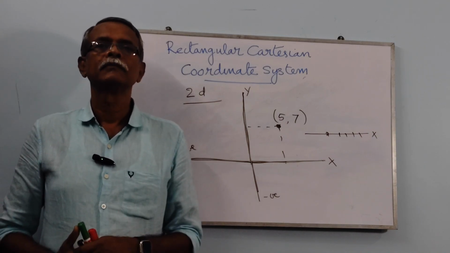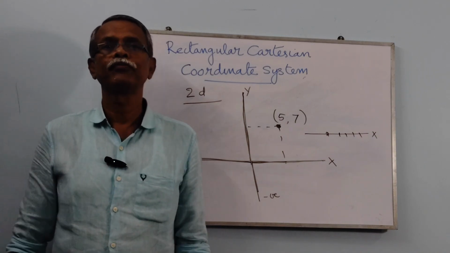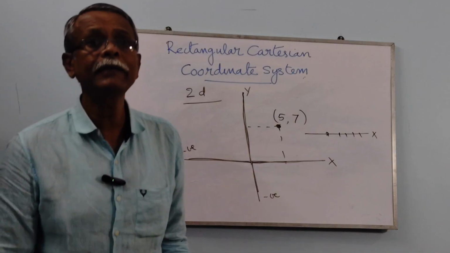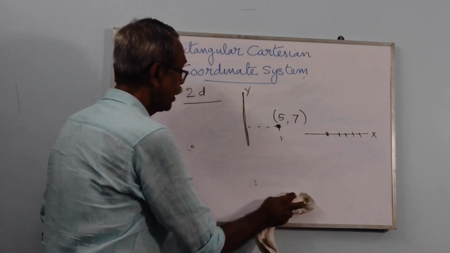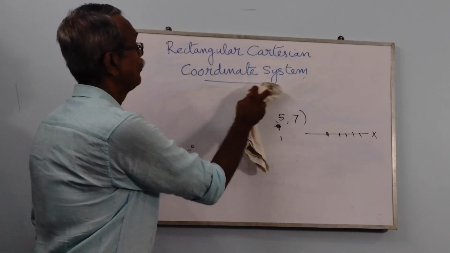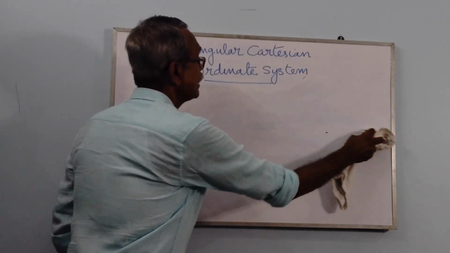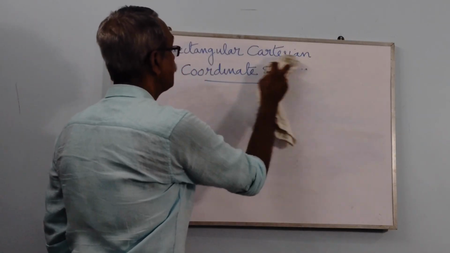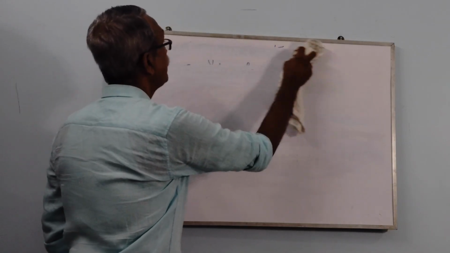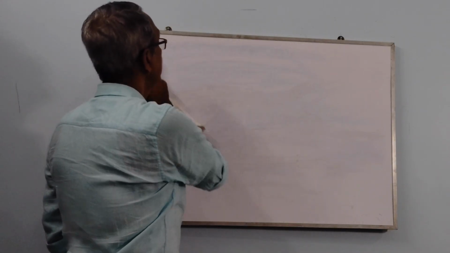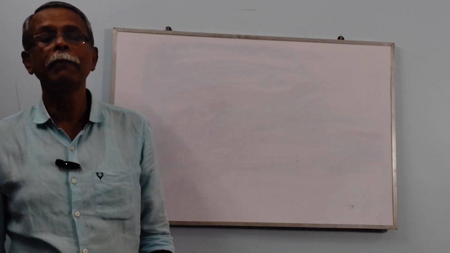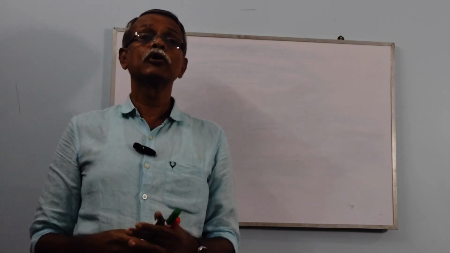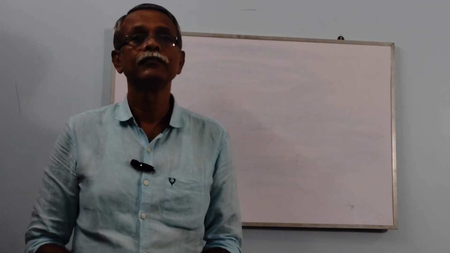But this is not complete, because we know that in the analysis of kinematics we require motion. That is, the particle changes its position, which can be determined by specifying the coordinates of the particle, but time also is to be involved.